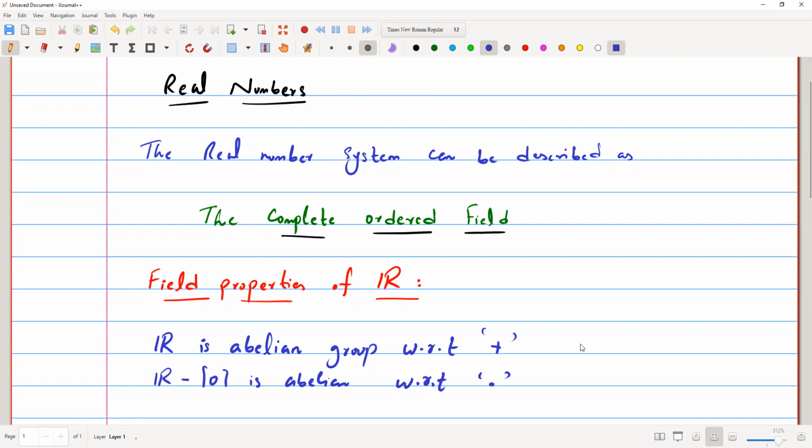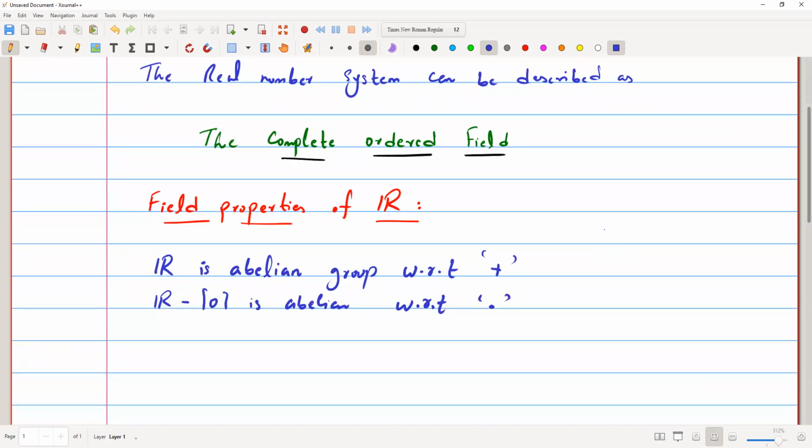and also the distributive law holds. So these three statements are enough for describing a field.